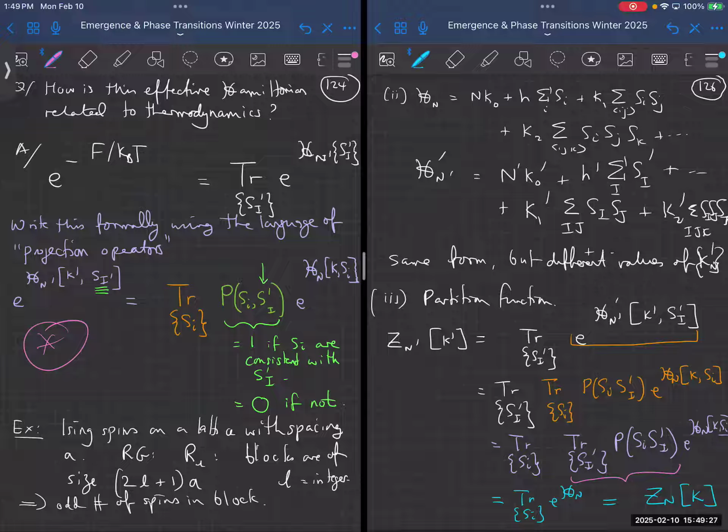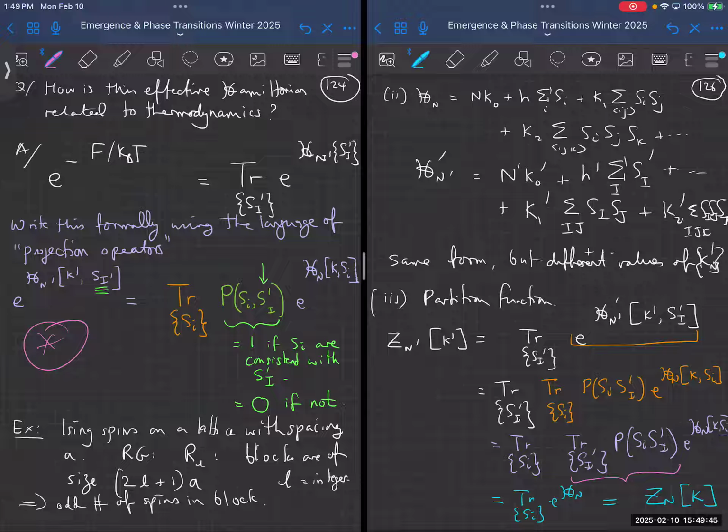I first of all took the small degrees of freedom and lumped them into some effective parameters in the Hamiltonian, and then once I'd done that, I took those larger scale degrees of freedom and coarse-grained those all the way up to the system scale.